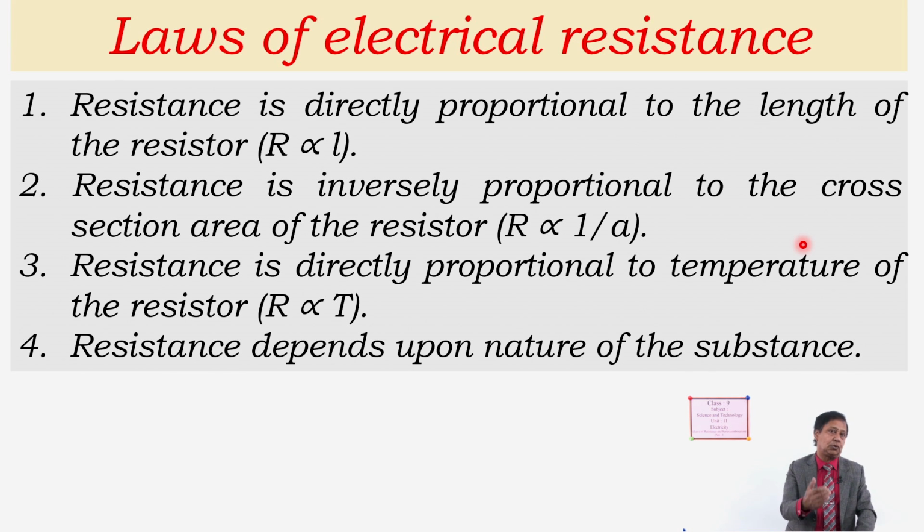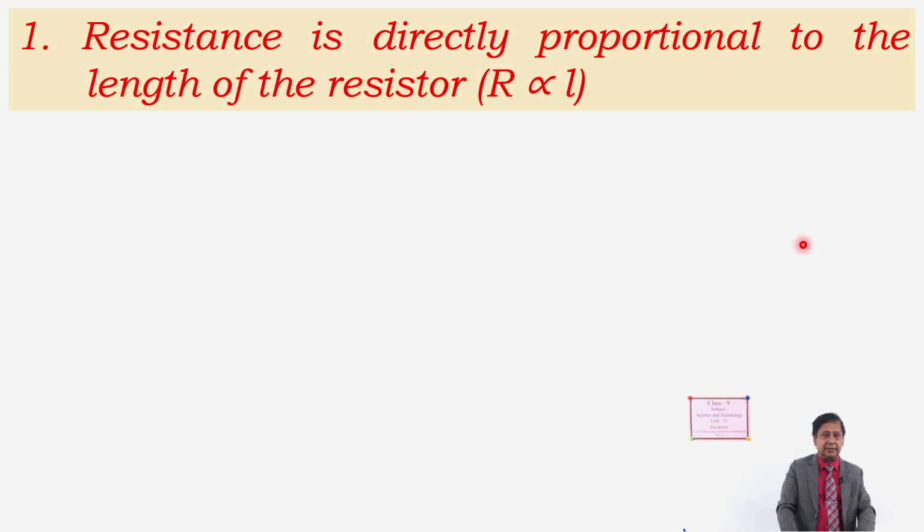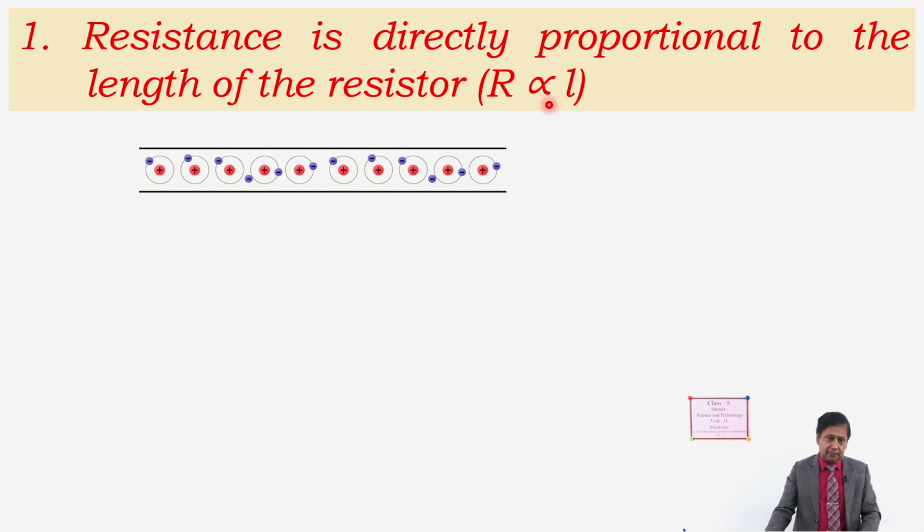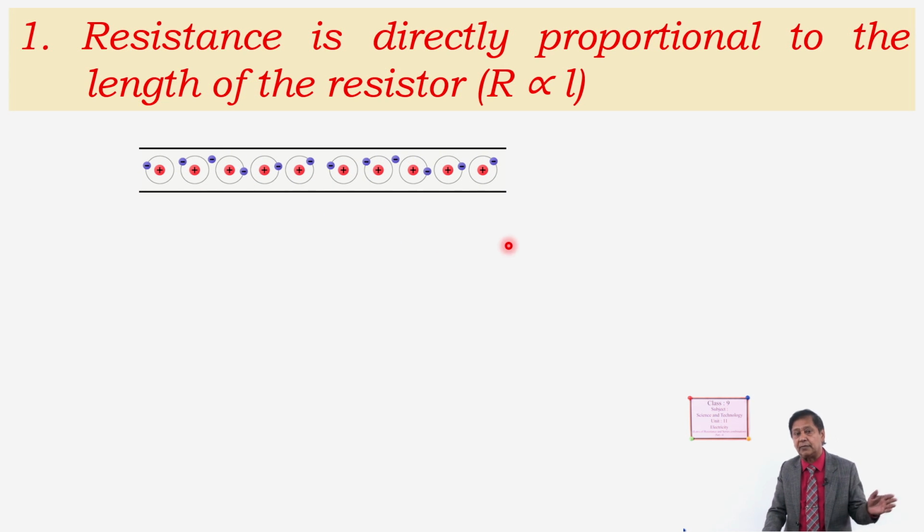Now I want to talk about these again in detail. Why does resistance depend upon the length of the resistor? If you are asked why resistance is directly proportional to the length of the resistor, we can answer this way. Let's say this is a conductor wire and current is flowing, electrons are flowing, and the obstruction will be offered by this conductor wire up to this much length.